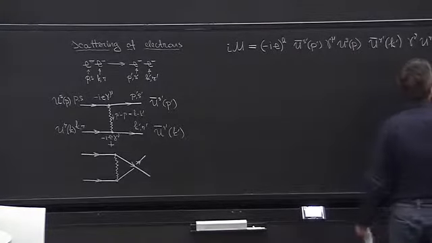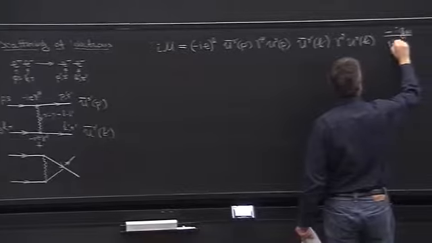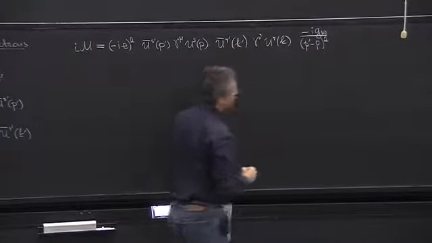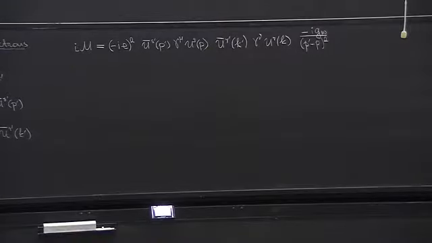So the photon propagator is equal to minus i g mu nu divided by (P prime minus P) squared. So this was the contribution of the upper diagram.